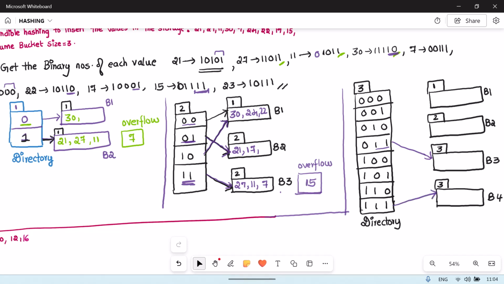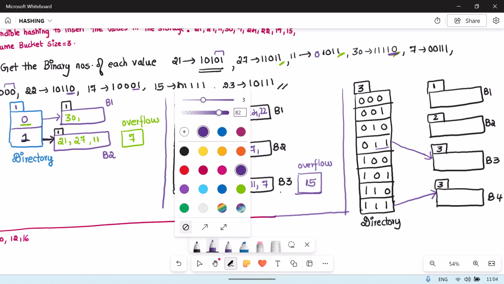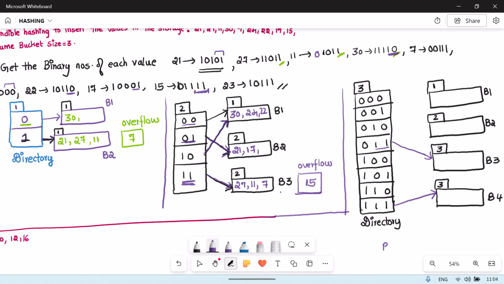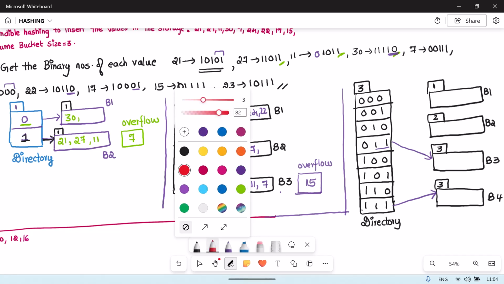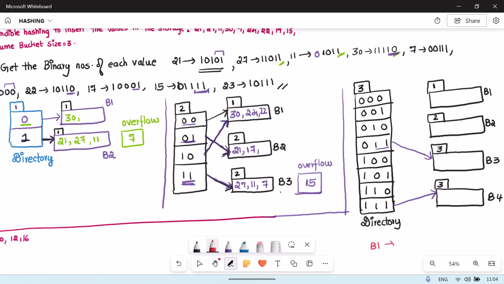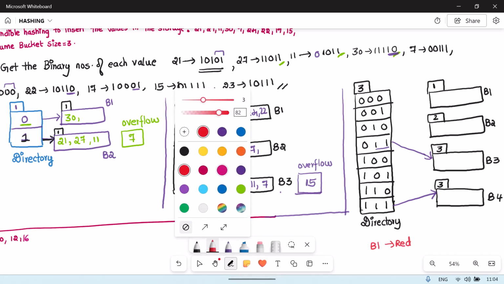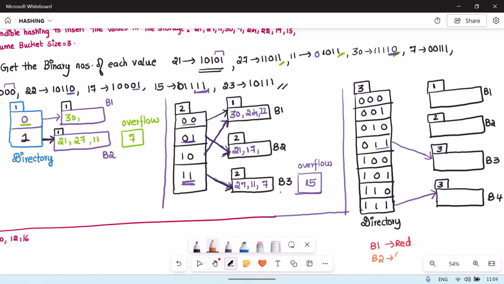All the connections to B1, I will represent with red, and all the connections to B2, I will represent with orange. Remember like this, okay?